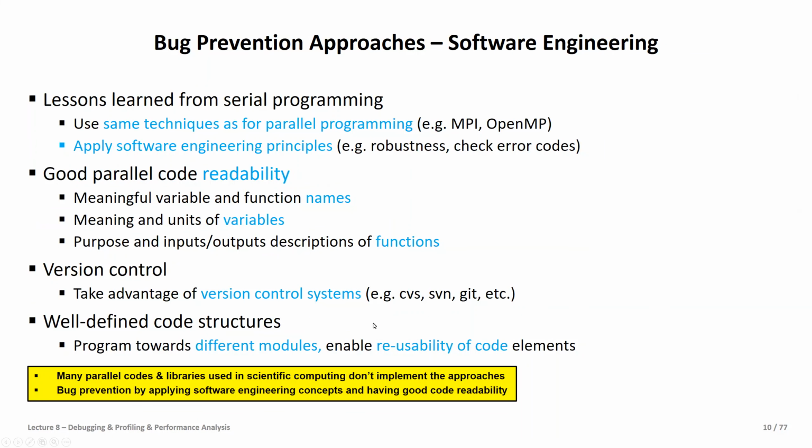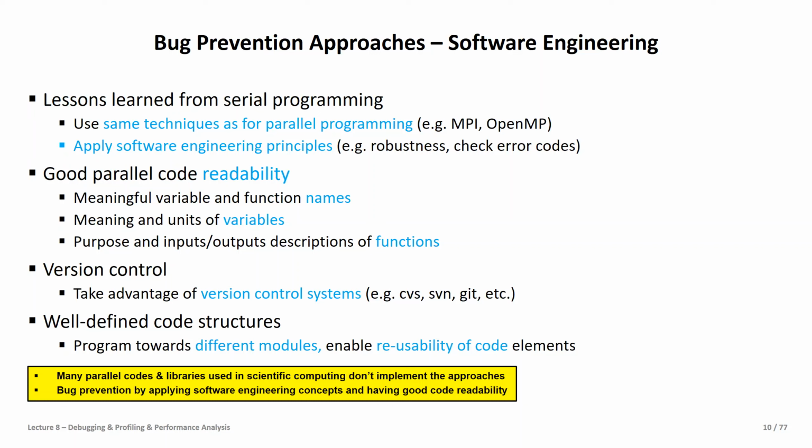Here we have many lessons learned from typical software engineering and serial programming, which is, of course, by orders of magnitude easier, but those lessons should still be taken on. The same is true for parallel programming applications with MPI and OpenMP. You have the same engineering principles: check the error codes, integration testing, robustness.